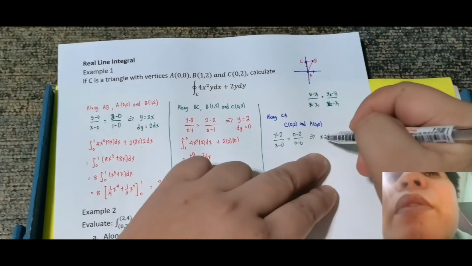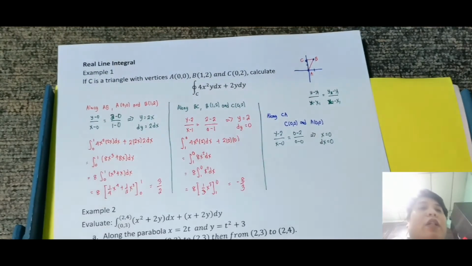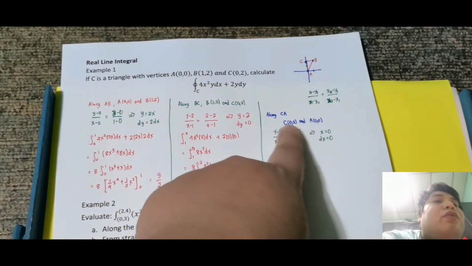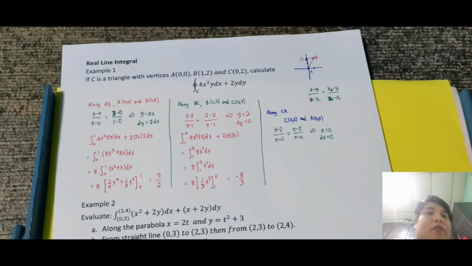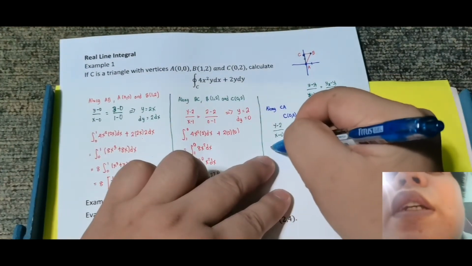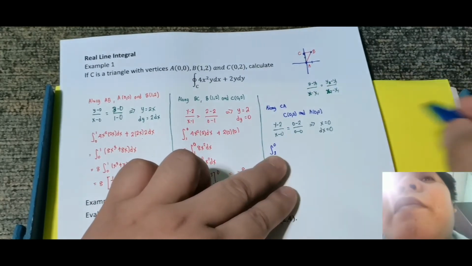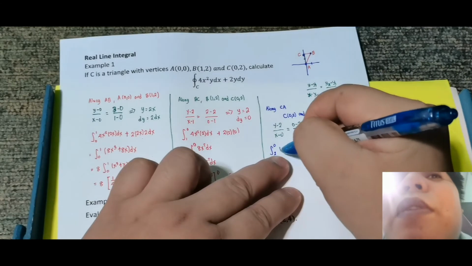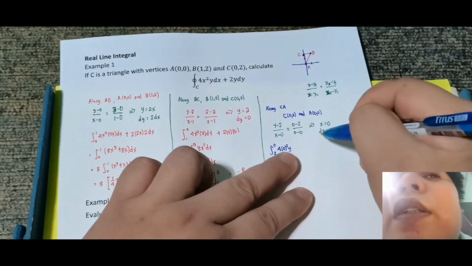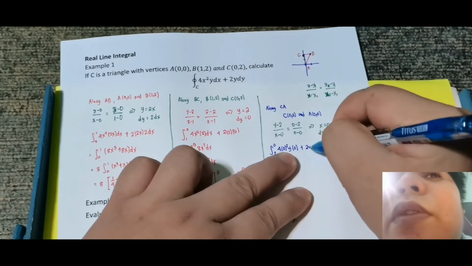Ano yung dx? By the way, dx is just equal to 0. So, in this case, matitira is dy. So, saan gagapang? From 2 to 0. So, the integral is equal to from 2 to 0 kasi sa y na yung gapang, ng 4 times 0 squared y times dx which is 0, which is mawawala, plus 2 times y dy.